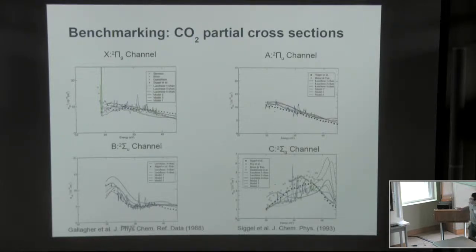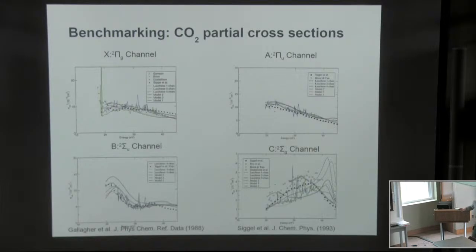Green is model 2, which is the CISD model, and blue is model 3, which is our full valence CAS model. And what you can see here, firstly, in models 2 and 3, there's a whole bunch of autoionizing resonances.